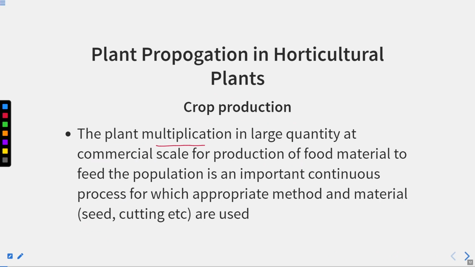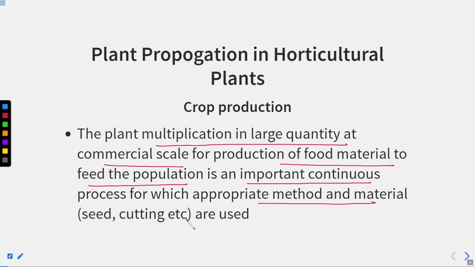The plant multiplication in large quantity at commercial scale for the production of food material to feed the population is an important continuous process for which appropriate methods and materials are used. So we require lots and lots of production of crops on the commercial scale, so we must follow this.